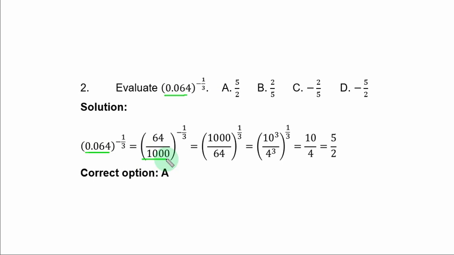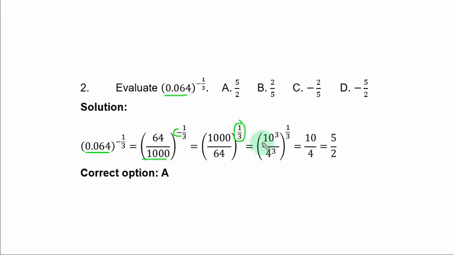From the negative index of indices, for this sign to disappear, you can invert this fraction to 1000/64. So what you have here is a cube root. To do that easily without a calculator, you can express 1000 such that the power is 3 to take care of the cube root. You do that for both 1000 and 64.